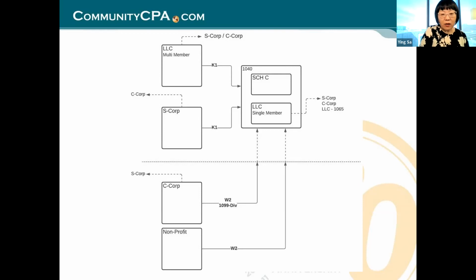The nonprofit can run W-2 up to you, and the C corp can run W-2 and a 1099 dividend up to you. And the multi-member LLC and S corporation, they run K1 to you. So that's essentially the relationship chart that I give you for your tax structure.